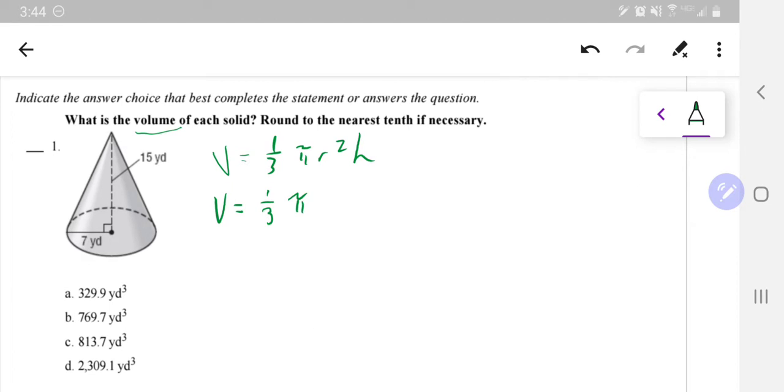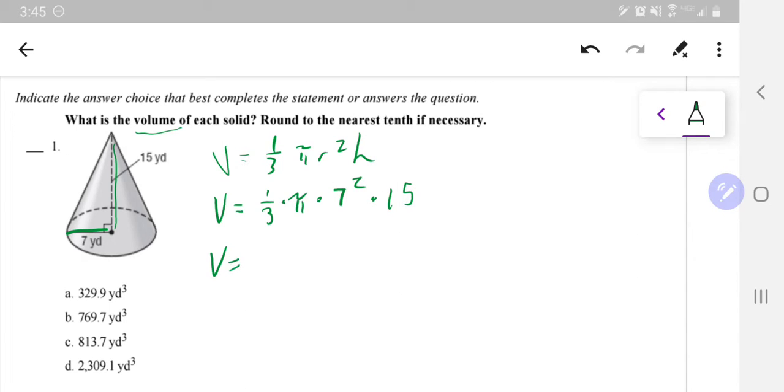Now it doesn't say to use an approximation for pi, so I'm just going to use the pi button, and that's the most likely thing to get me close to these answers over on the left side. Well, they're not exact answers, but to match those exactly is what I'm trying to say. The radius is 7. The height of that cone is 15.